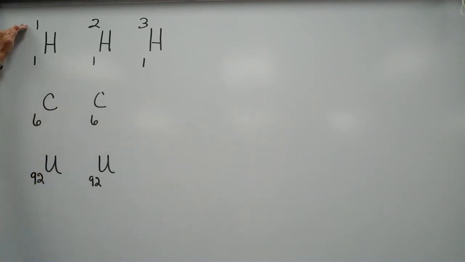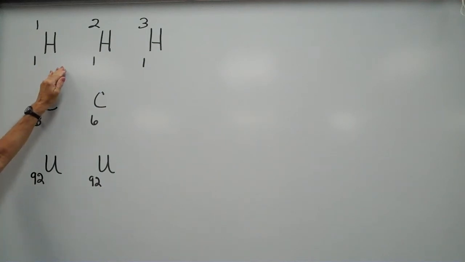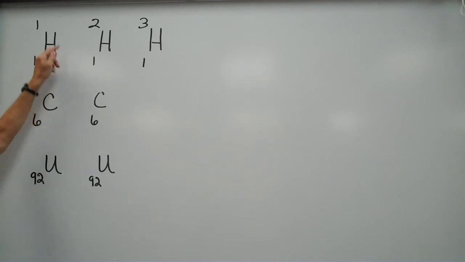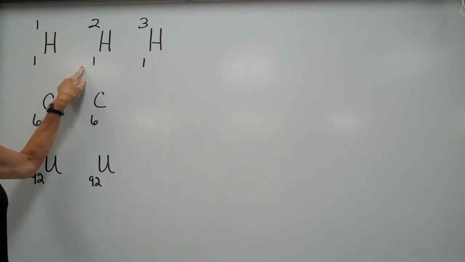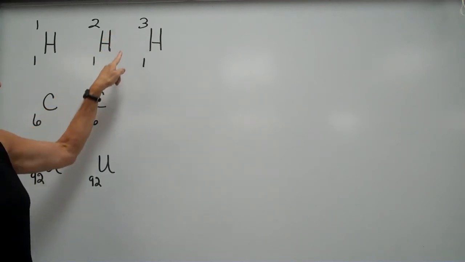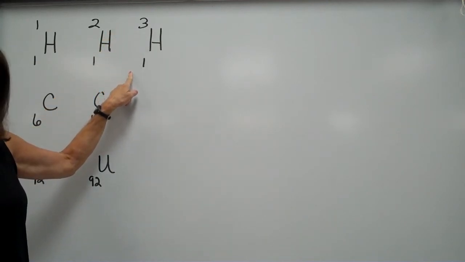So if you take the mass number, the top number, subtract the lower number, the atomic number, you get the number of neutrons. This form of hydrogen has 0 neutrons. 2 minus 1. This form of hydrogen has 1 neutron. 3 minus 1. This form of hydrogen has 2 neutrons.